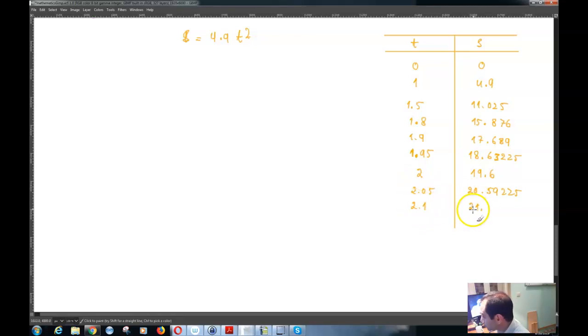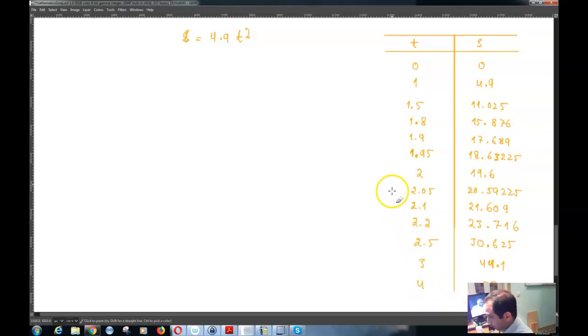So input 2.1 was 21.609. 2.2, for example, you have 23.716. 2.5 is 30.625. 3 would be 44.1, and 4 would be 78.4. And that's basically all the values that we have here.